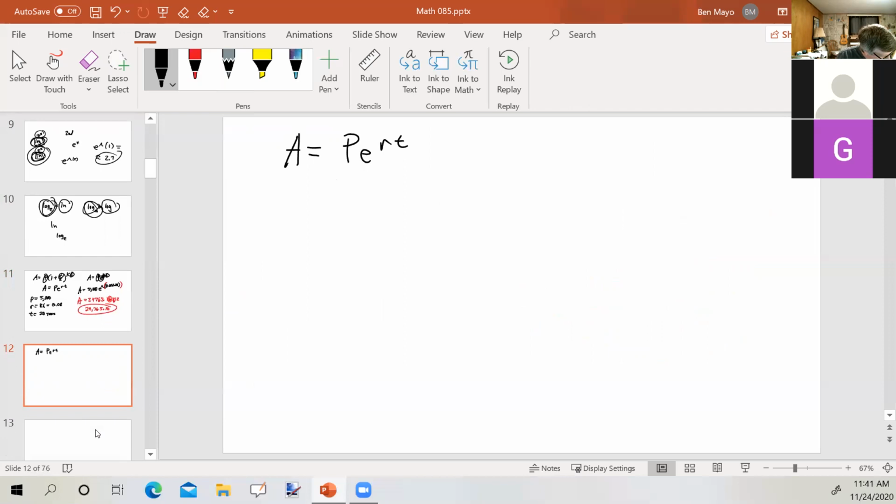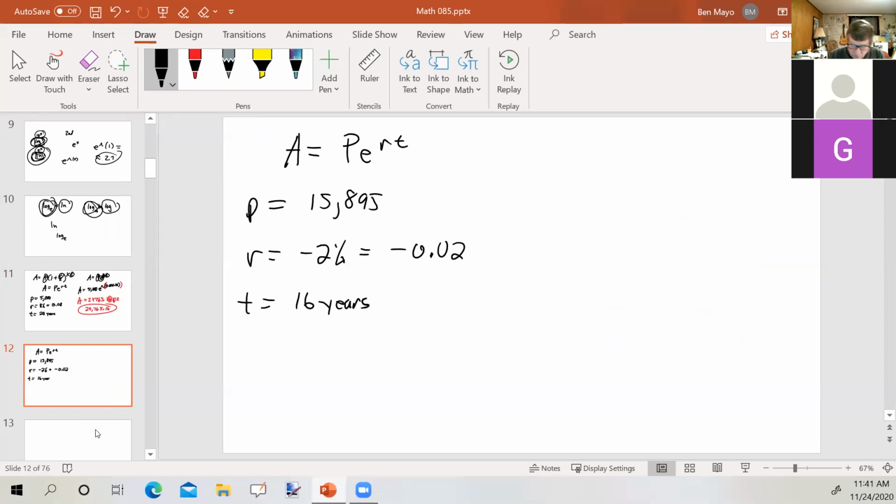Here it says, let's see, P is 15,895. R is -2%, which would be -0.02. And T is 16 years. So the growth rate is negative, which means in fact it's going to decay.